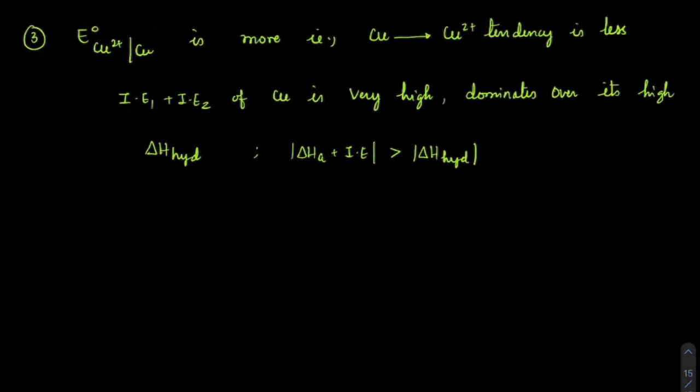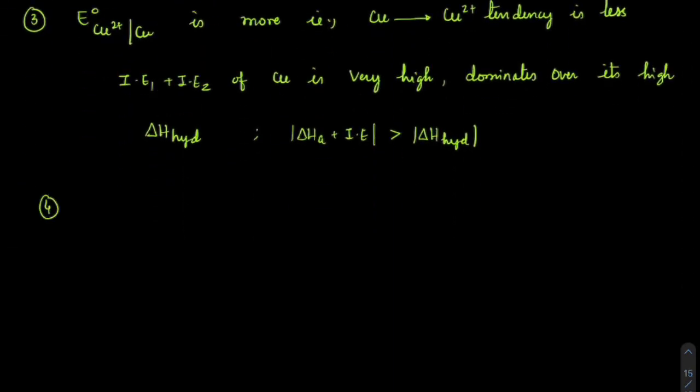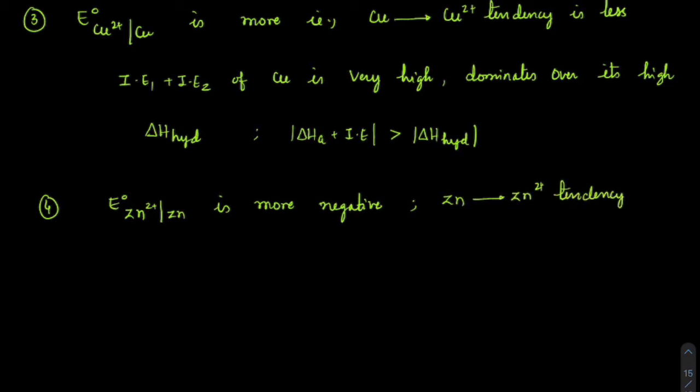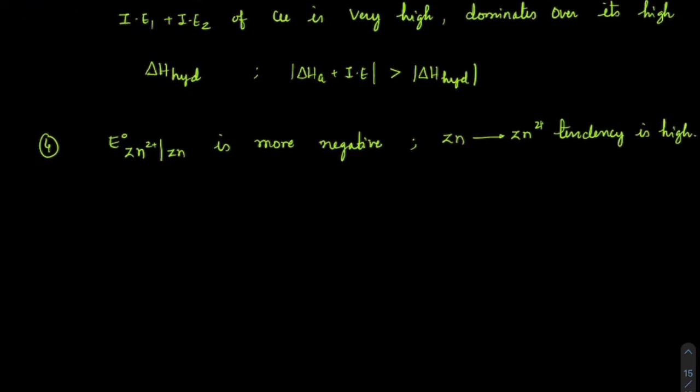The last point we will see is about zinc. Why has zinc dipped? E naught Zn+2 to zinc is more negative. Got it? Which means the zinc to Zn+2 tendency is high. Two reasons for it.